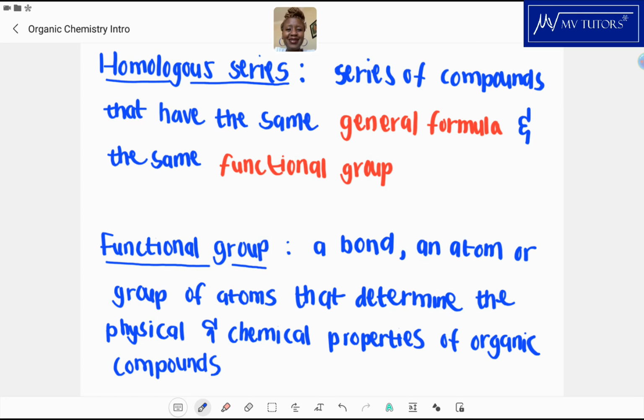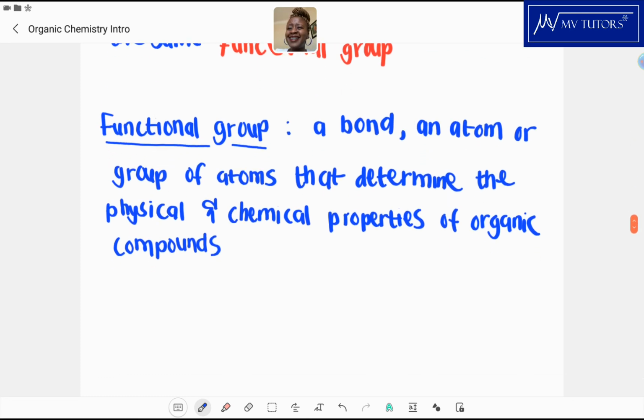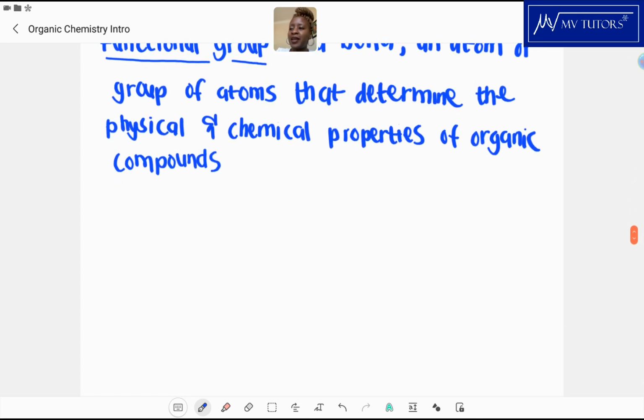Maybe let me just do one example. Let's look at alkane. So your homologous series is alkane. That is just HS, homologous series. If you look at the structure of an alkane, let's just look at two carbon atoms.